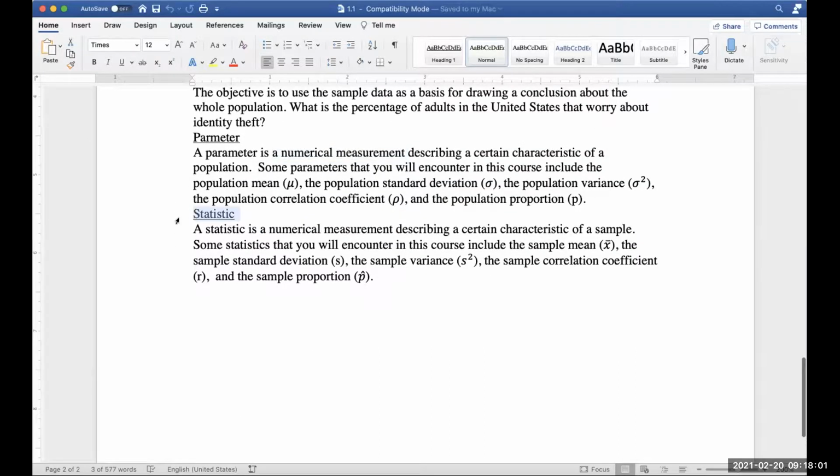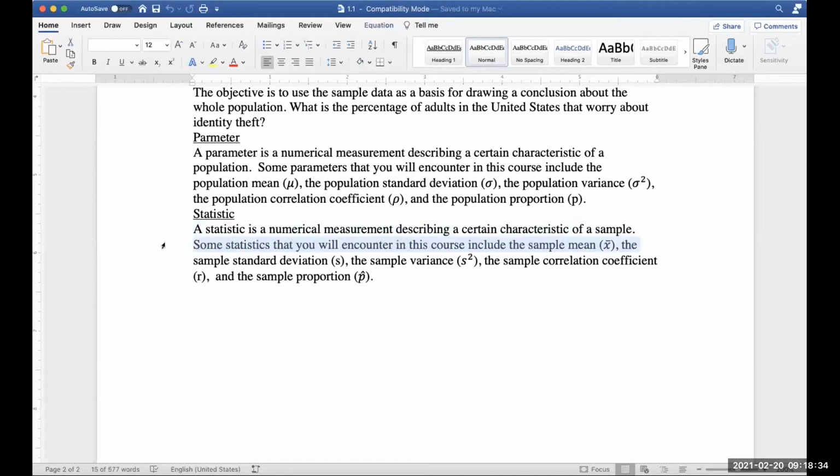A statistic. A statistic is a numerical characteristic of a sample. So if we are doing a calculation that involves a population, it is a parameter. If we do a statistical calculation involving sample data, then it will be a statistic.